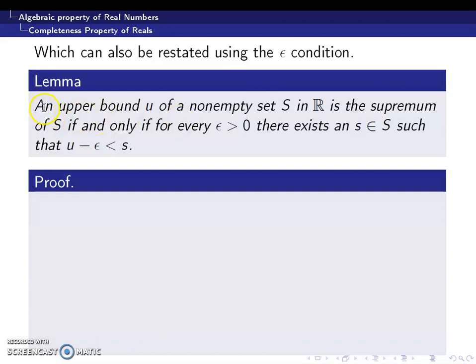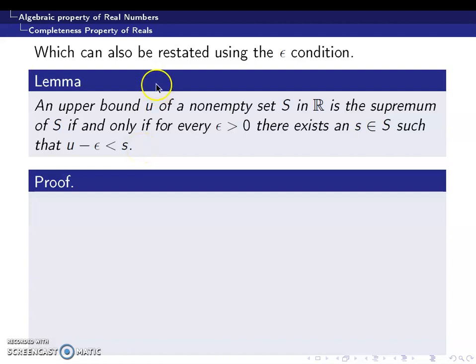So the lemma states that an upper bound U of a non-empty set S in R is the supremum of S if and only if for every epsilon greater than 0 there exists an s in S such that U minus epsilon less than s less than or equal to U. You can add U as well.